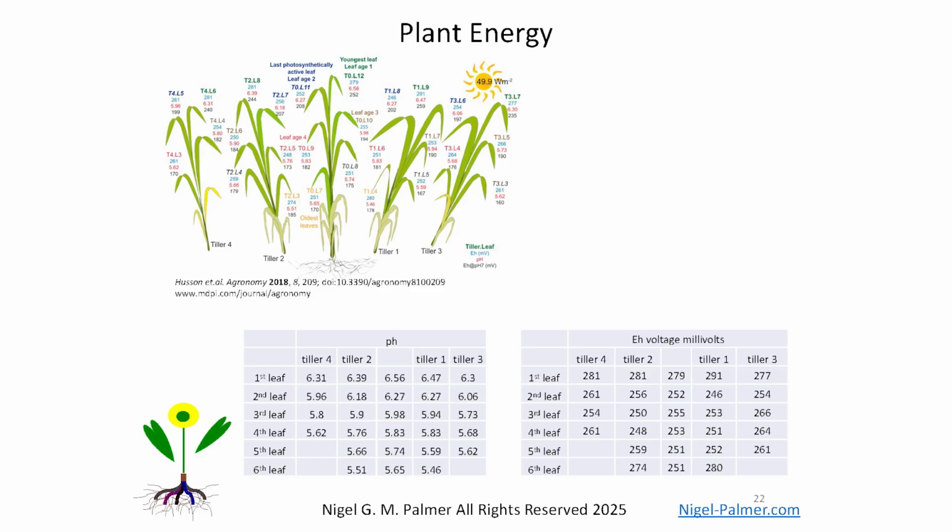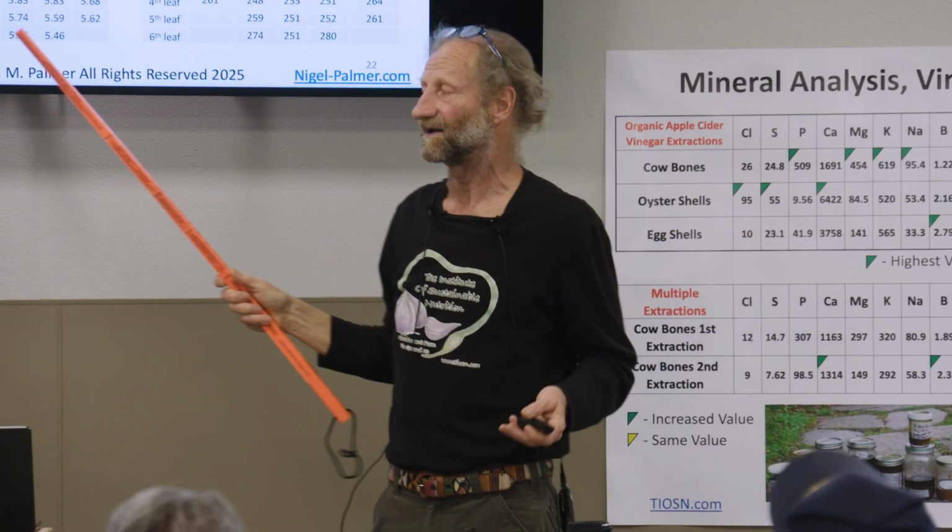Okay, this is where things get a little thick and deep. Olivier Husson has actually measured the voltage and acidity of different parts of a plant. In this study, he measured the voltage and the acidity of the various leaves on a plant. And I've tabularized these little tiny numbers because nobody in their right mind can read them.